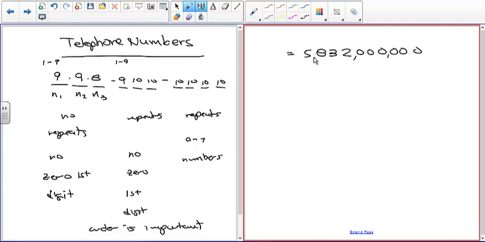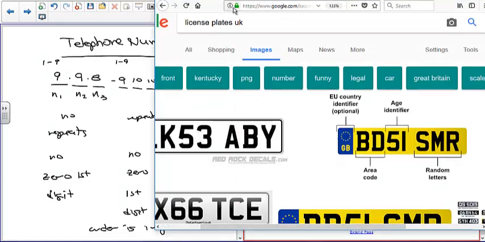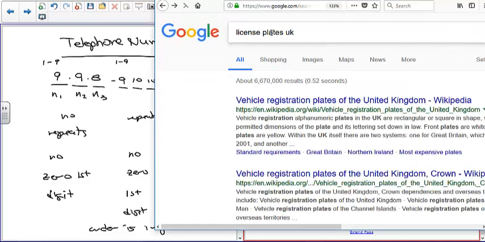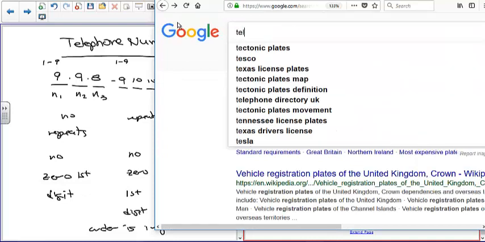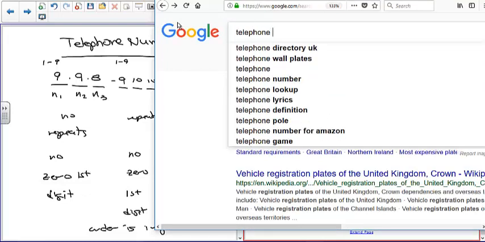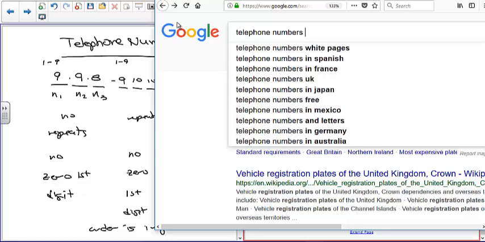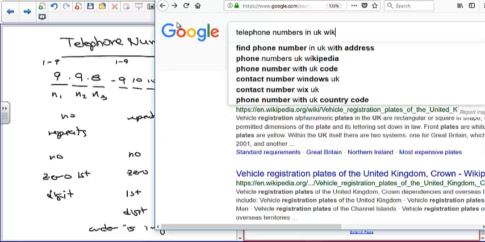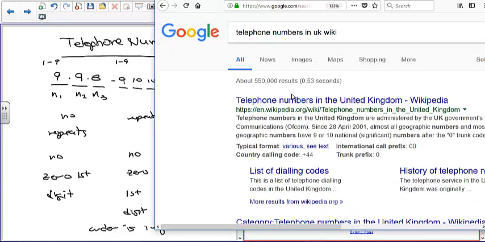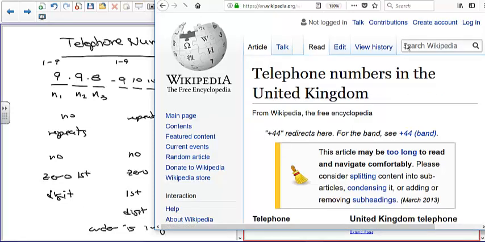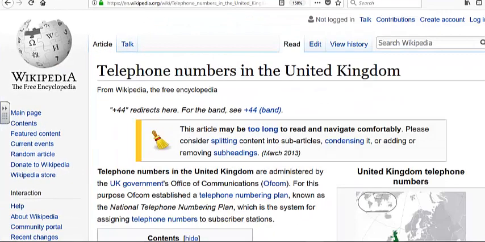Okay, this is a telephone number, another UK thing. Okay, so we'll open this up. Has anybody ever called overseas?